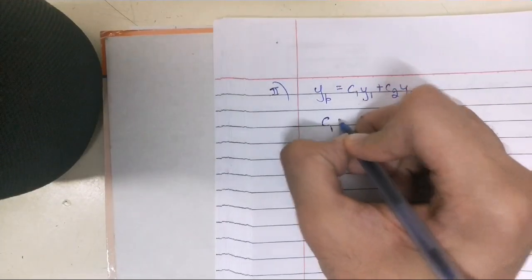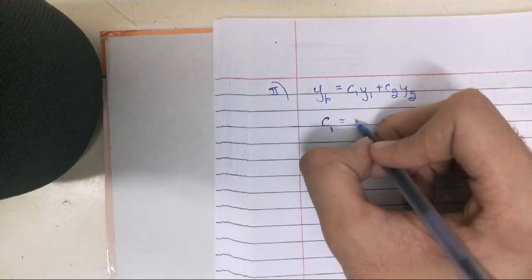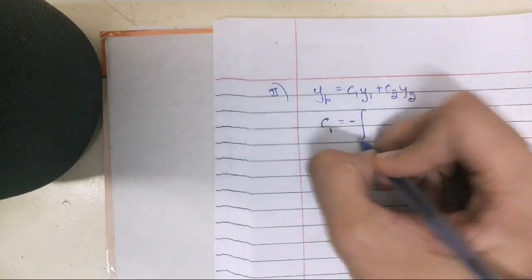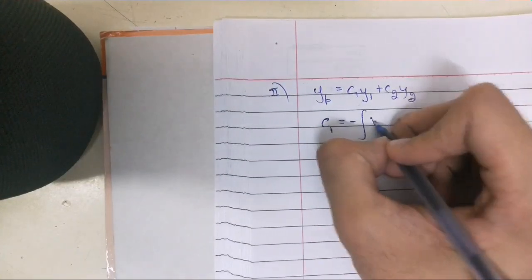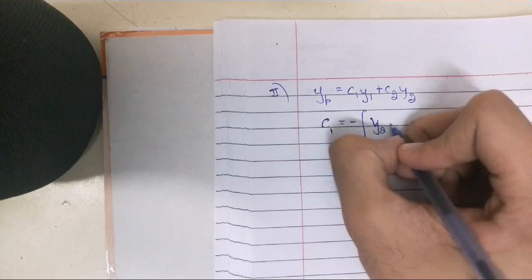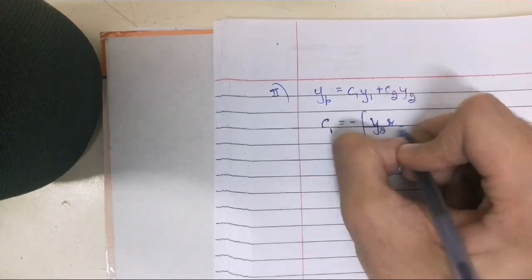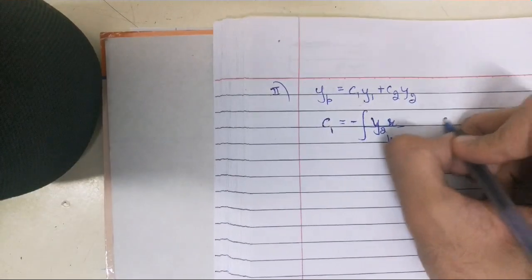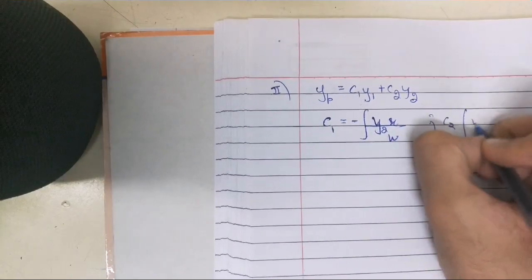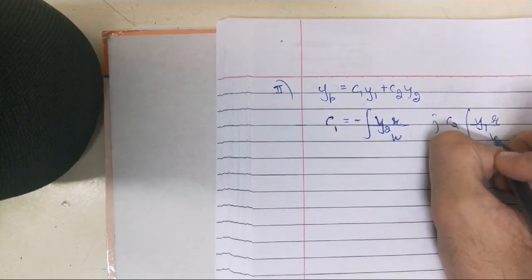And C1 and C2, the coefficients that we have written here, are given by C1 is minus y2 R divided by W, and C2 is given by y1 R by W.